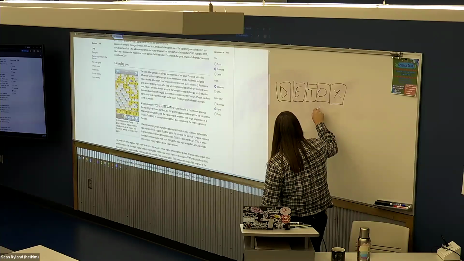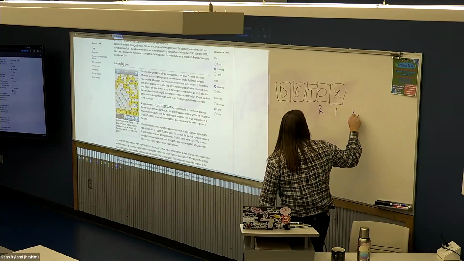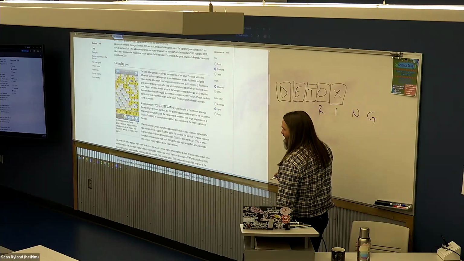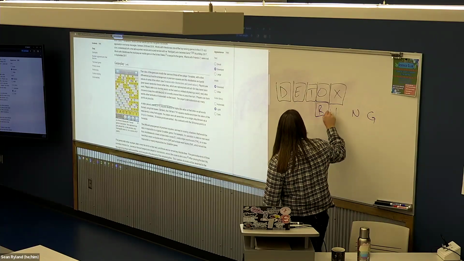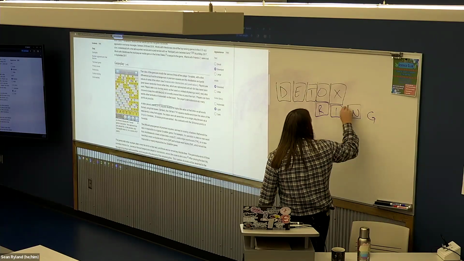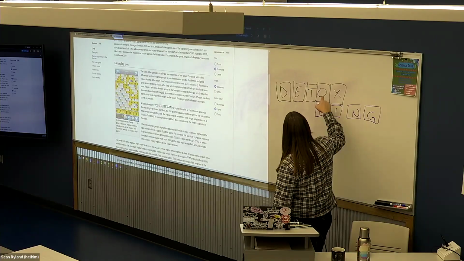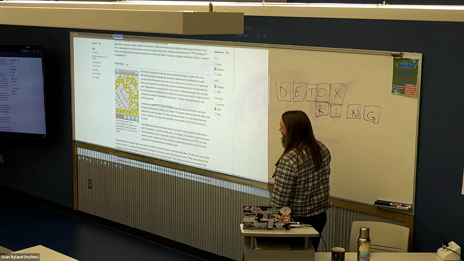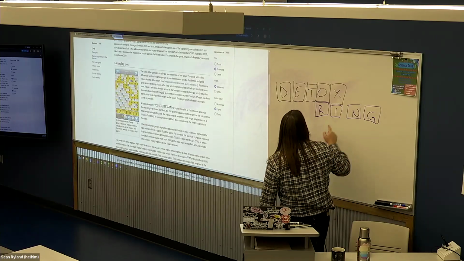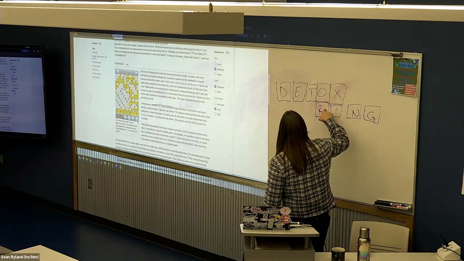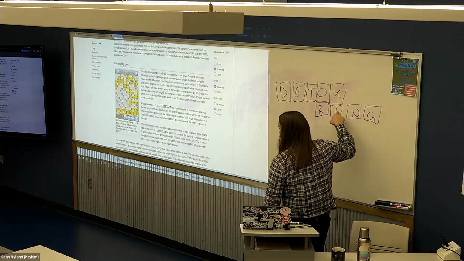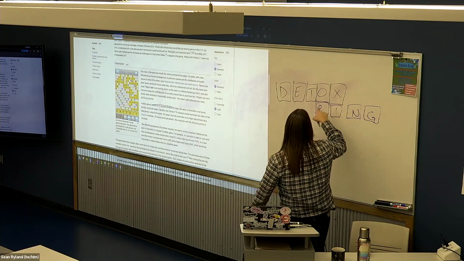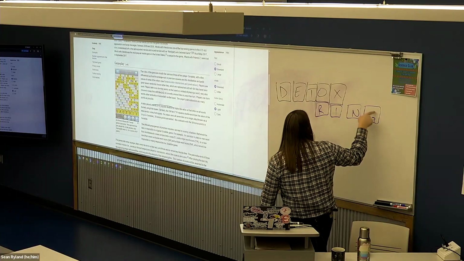I can then play Ring like this, because XI is a Greek letter. Psi is a Greek letter. So I get to count OR, which is only 2 points, but then I get to count XI, which is going to be another 9 points, plus I get to count RI and G.